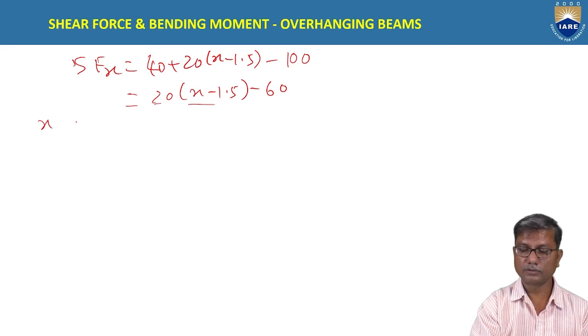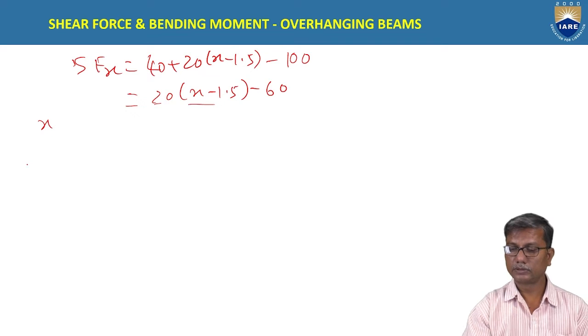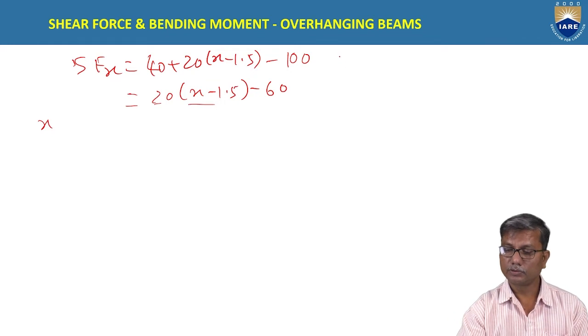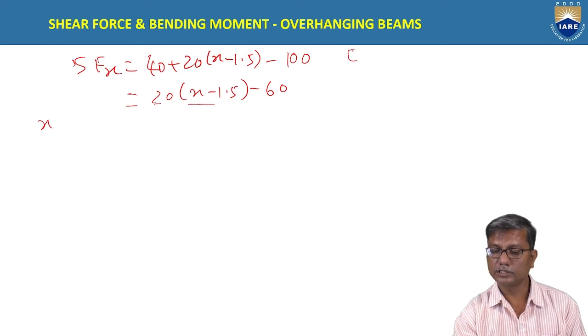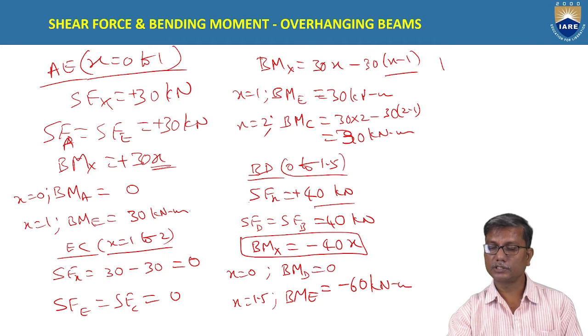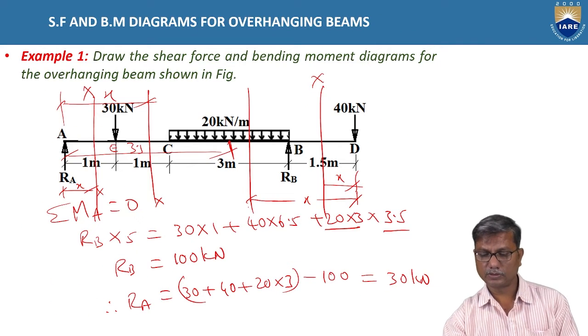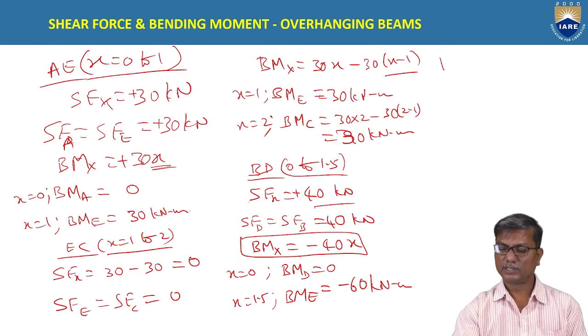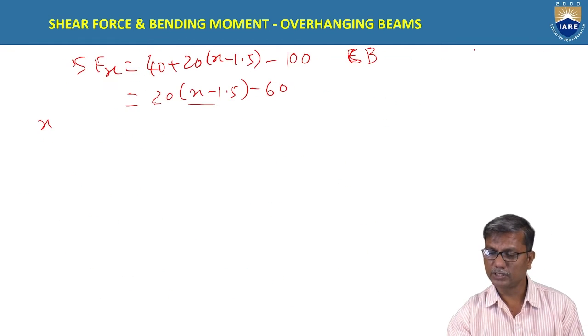At X equal to... between we are considering portion EC, isn't it? No, CB. Portion CB you are considering. So the limits for X will be, what are the limits for X here?